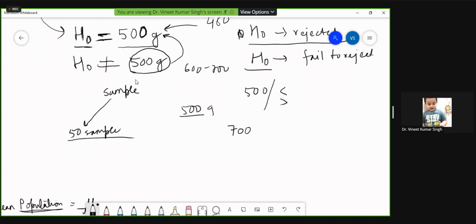Now, what if it is 515 or 520 or 535? Now, can we reject it? Or 475? 480?